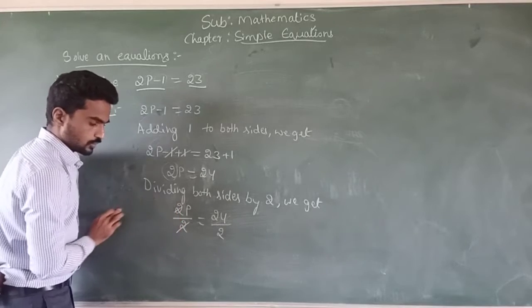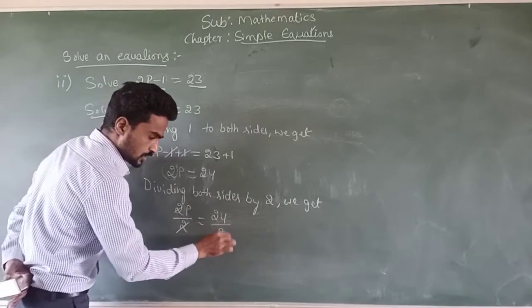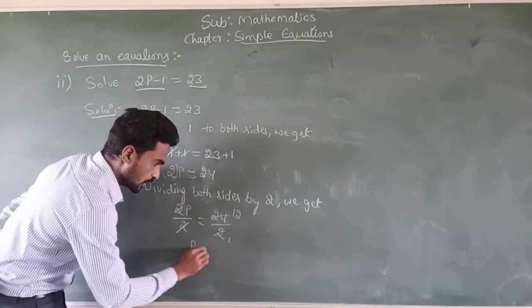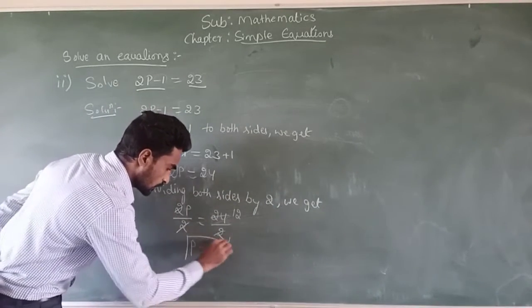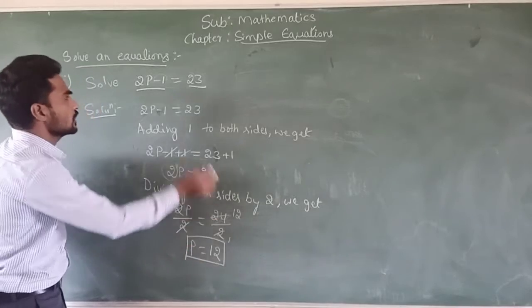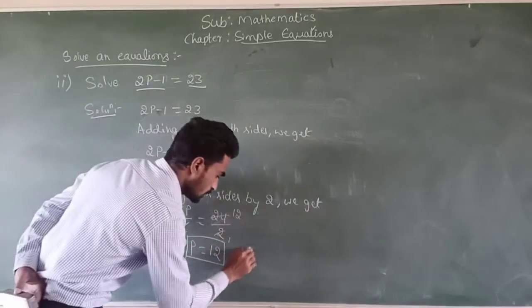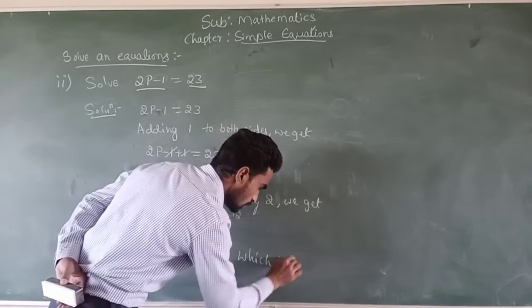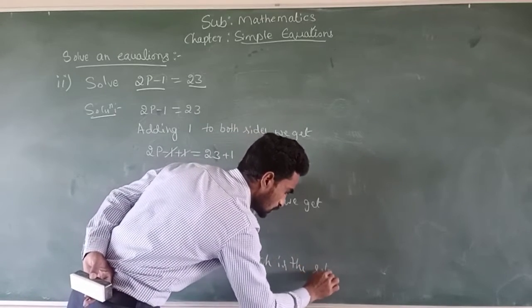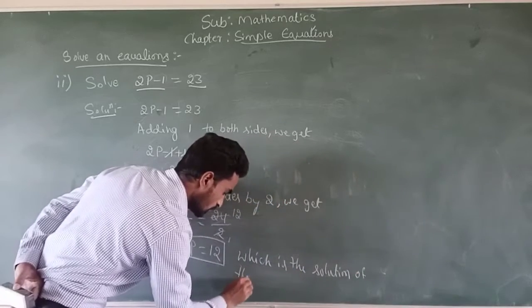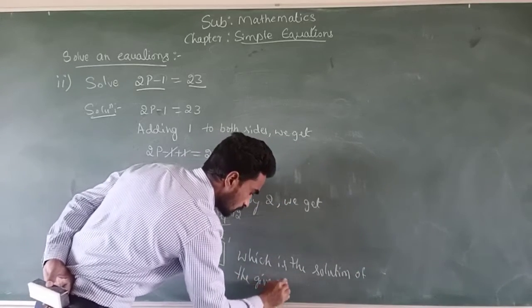Here these 2s cancel out. 2 ones are 2, 2 twelves are 24. Then p is equal to 12. P is equal to 12 is the solution of the given equation.